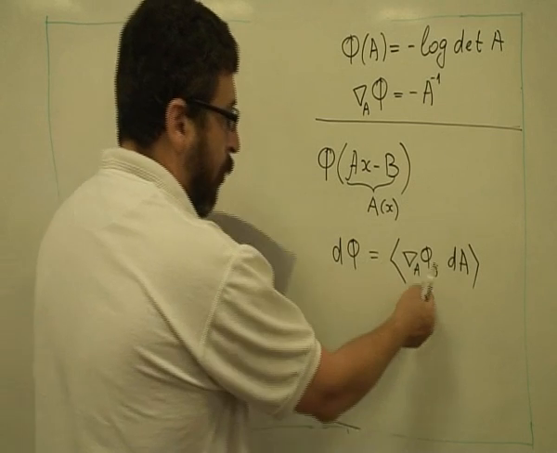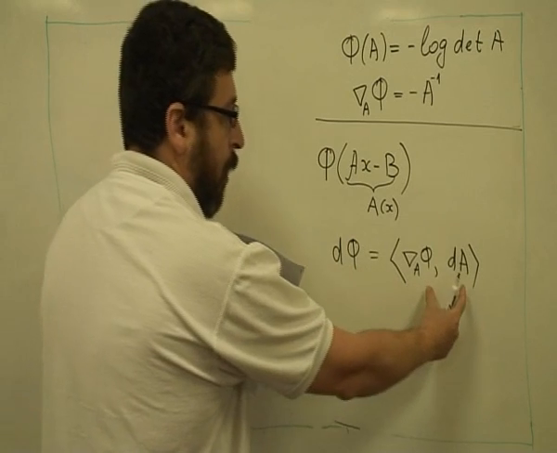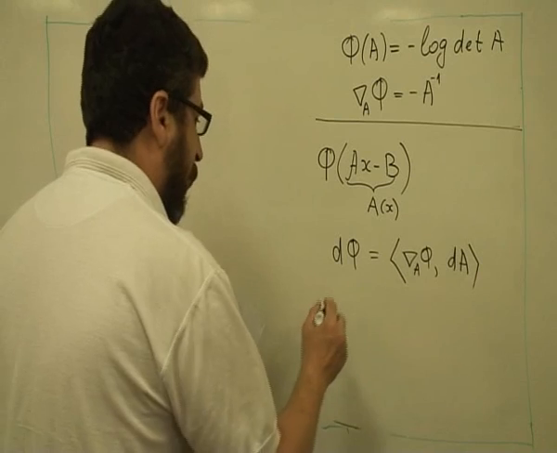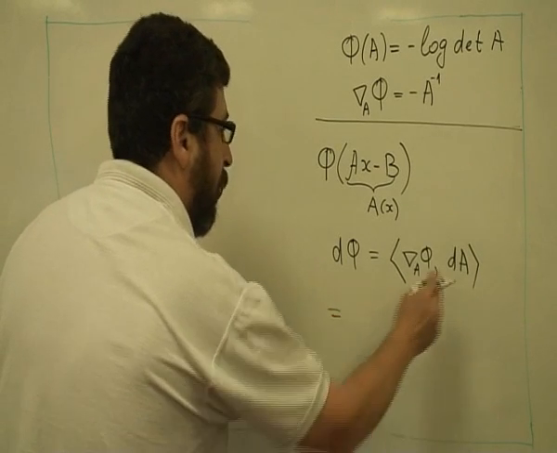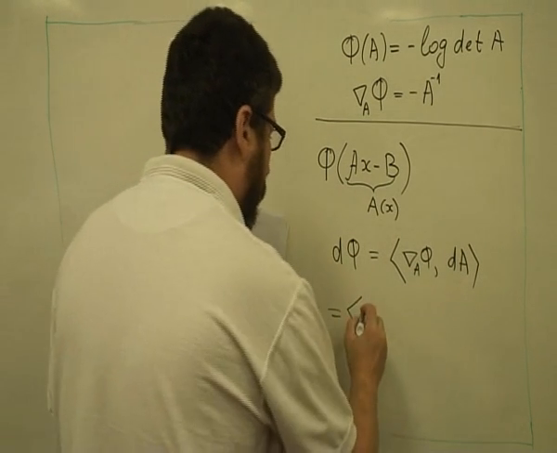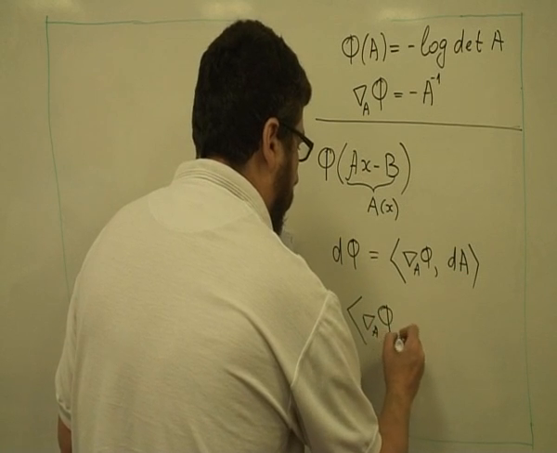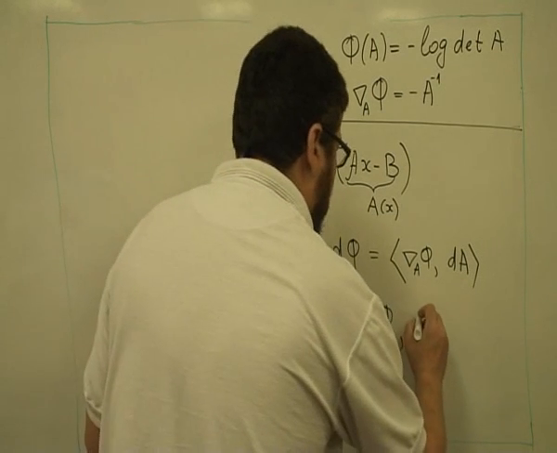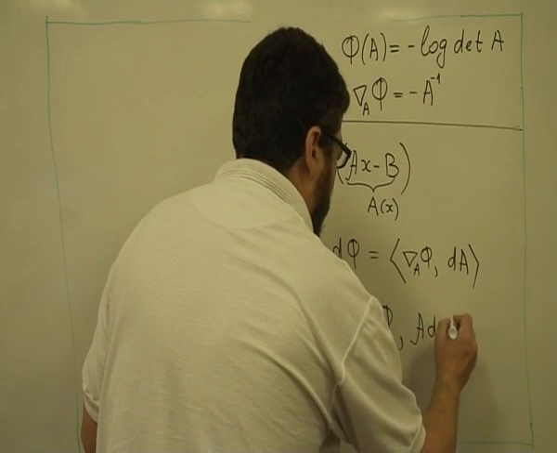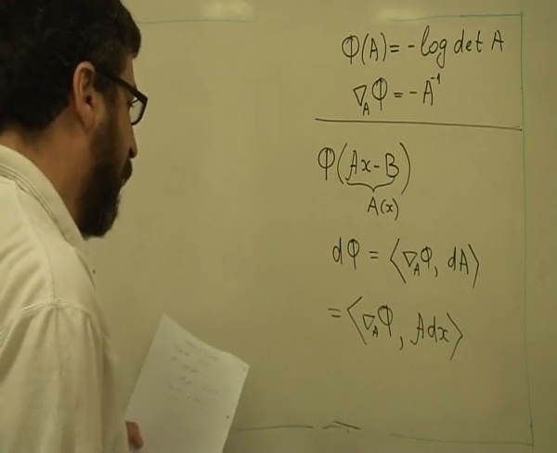We already have the gradient with respect to A. So d phi is a scalar product of the gradient with respect to A by dA. And now we will just substitute dA, which we can obtain from here: calligraphic A dx, because this is a linear operator, it's the differential.